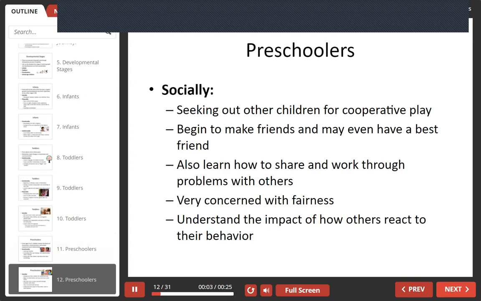Socially, preschoolers constantly seek out other children for cooperative play, and they begin to make friends and may even have their best friend finally. They also learn how to share and work through problems with others. Preschoolers are very concerned with fairness, and they understand the impact of how others react to their behavior.